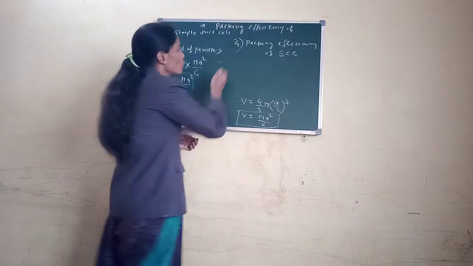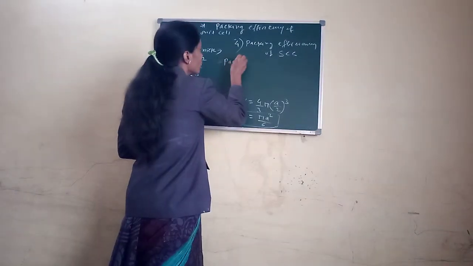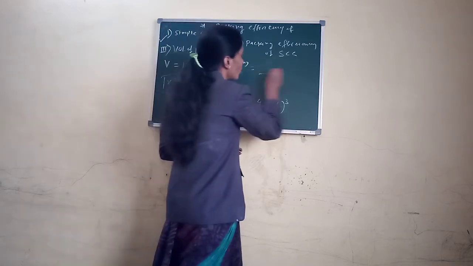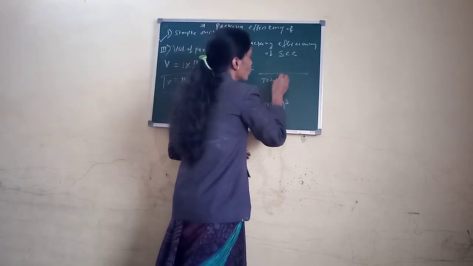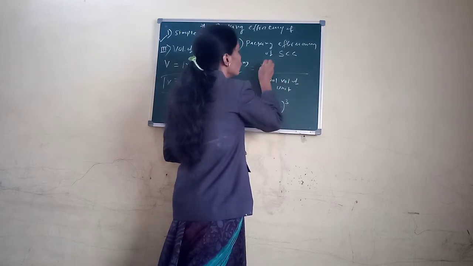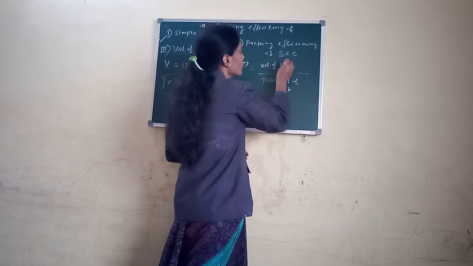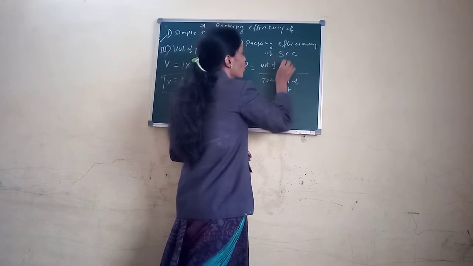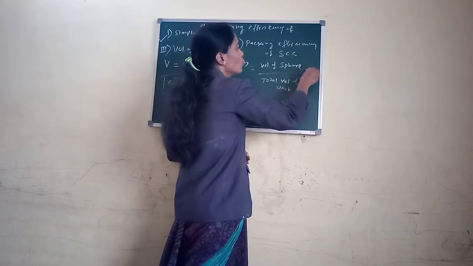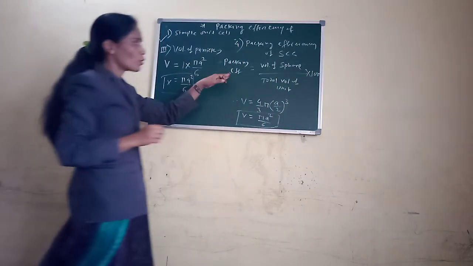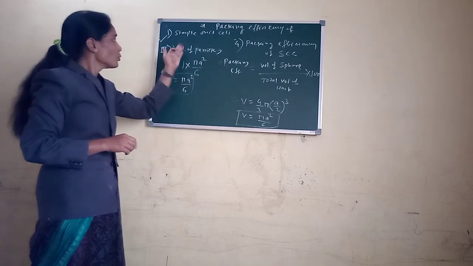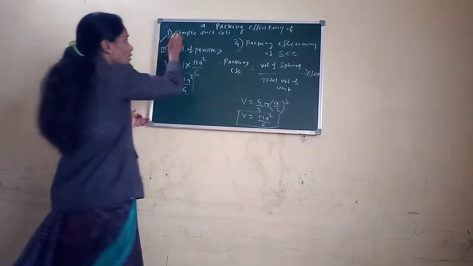Here the formula: packing efficiency is equal to out of total volume of unit cell, only volume of one sphere, or volume of sphere into 100. This is the formula to calculate the packing efficiency of simple unit cell.